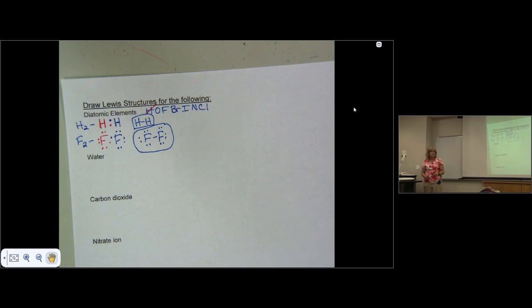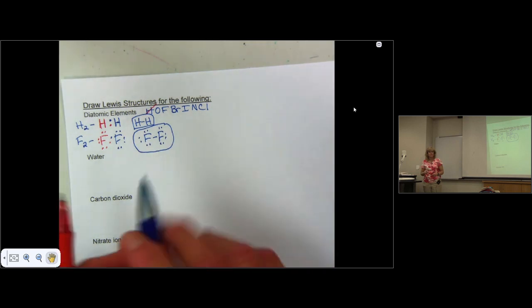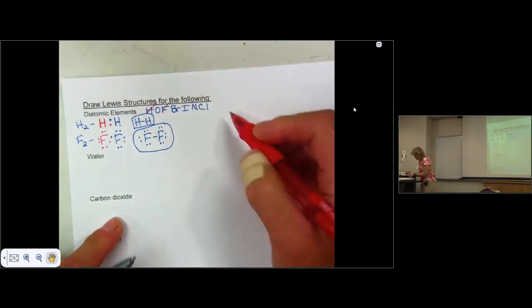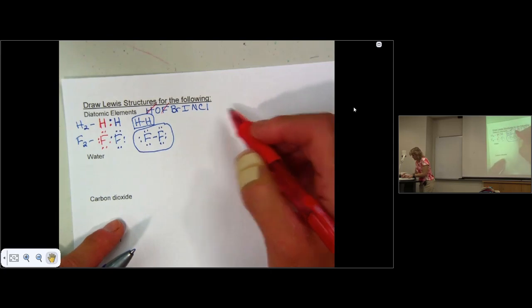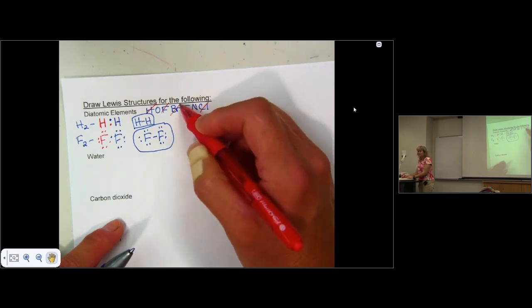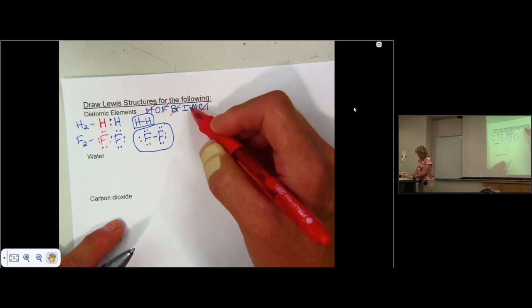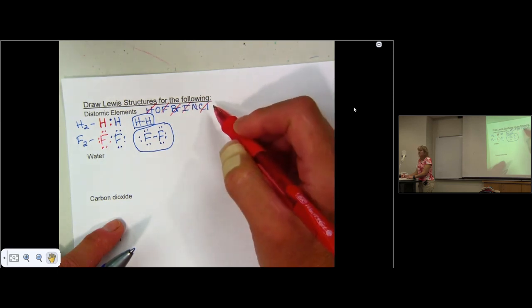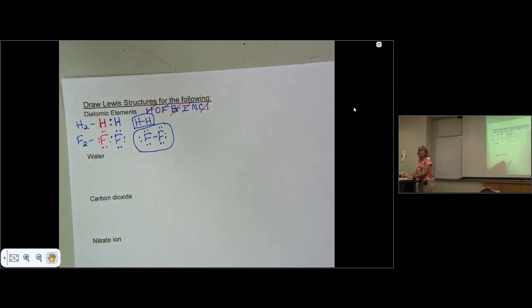Now you tell me who else looks like fluorine. Who else looks like fluorine? Chlorine. Why? Same column. Who else? Bromine. Who else? Now, some of you are like, where's she getting valence electrons from?